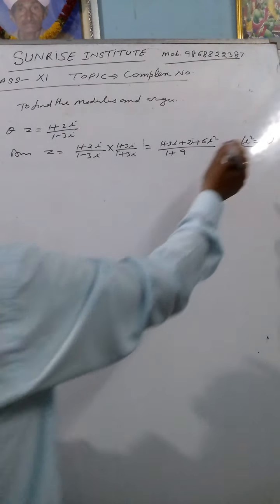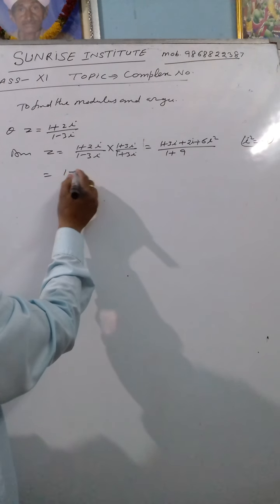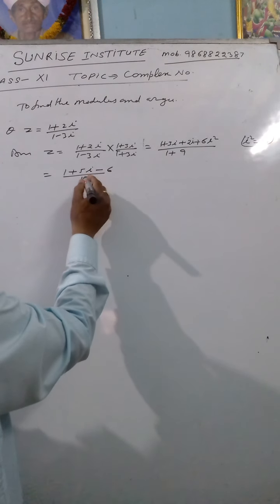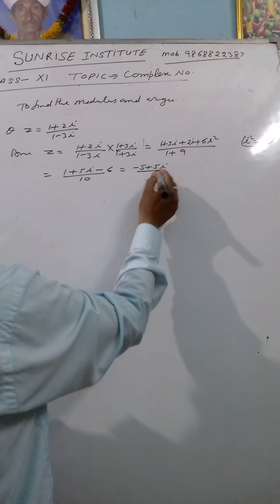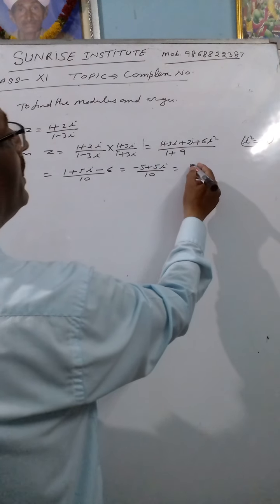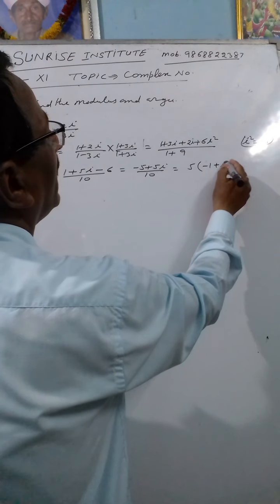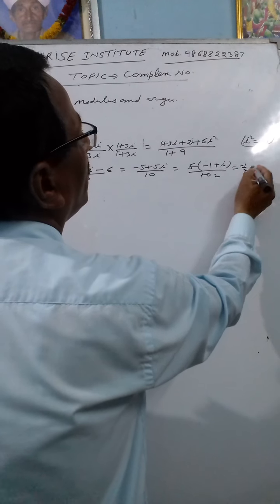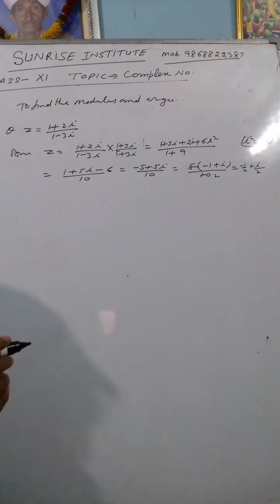Okay students, then we have 1 plus 5i minus 6 upon 10. Then minus 5 plus 5i upon 10. Then 5 into minus 1 plus i upon 10. Then we have minus 1 by 2 plus i by 2.